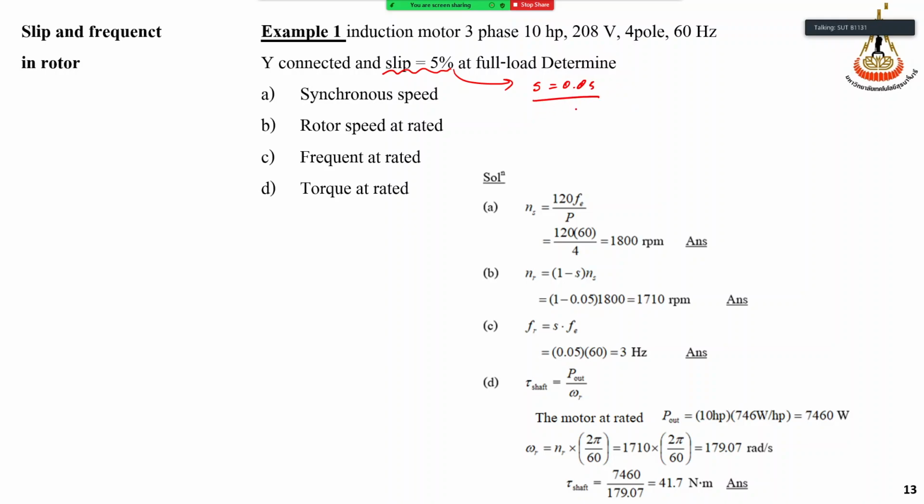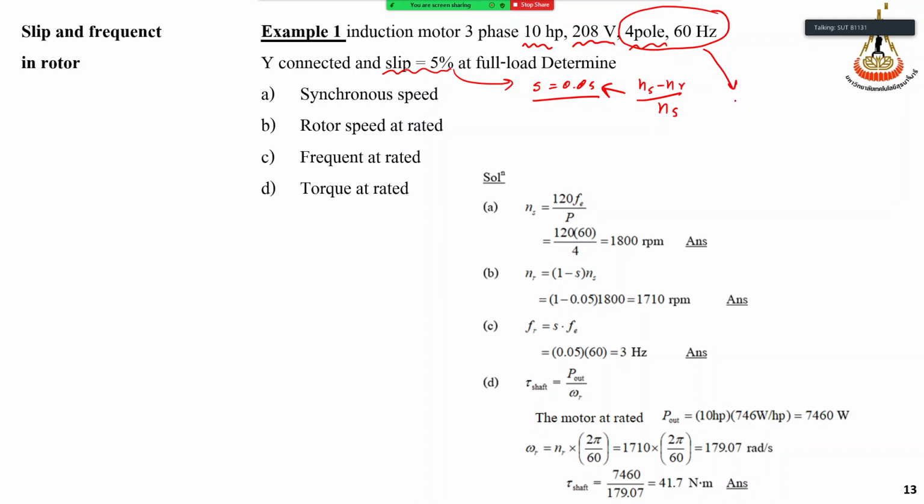So this motor will operate at full load with (ns minus nr) divided by ns equal to 0.05. This motor is 10 horsepower, 208 volt, 4 pole, 60 hertz.